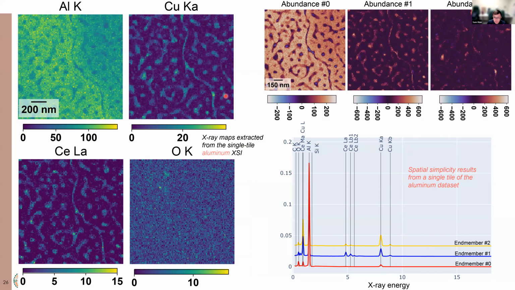Then the second one, after we extract the data, we can reconstruct each single tile and then stitch them back together. So what you are seeing here are some of the cerium precipitates in the aluminum alloy.